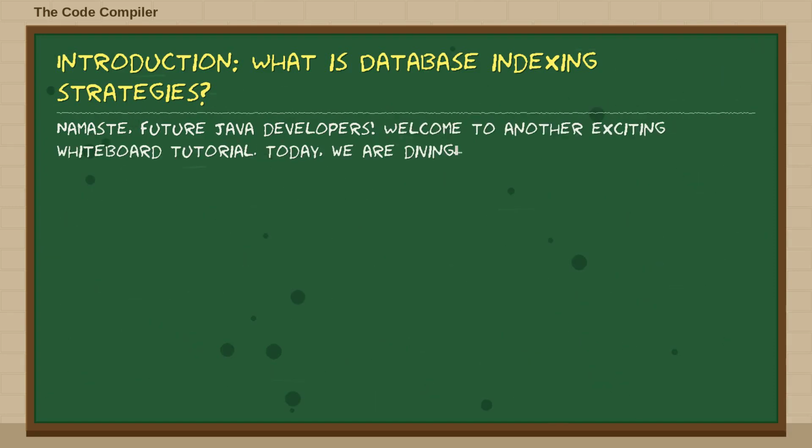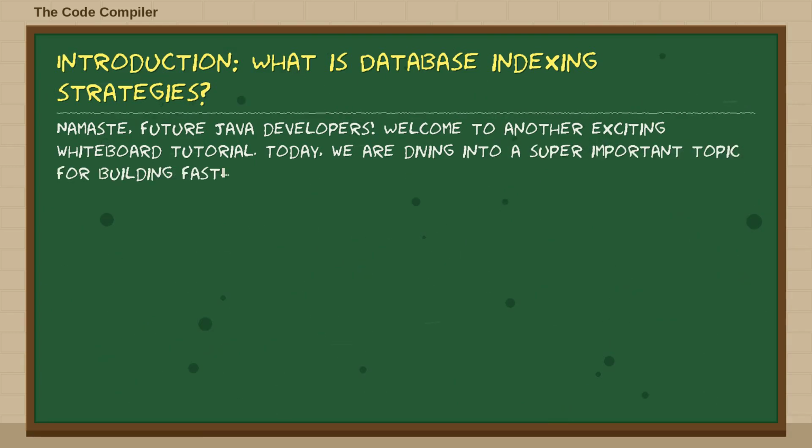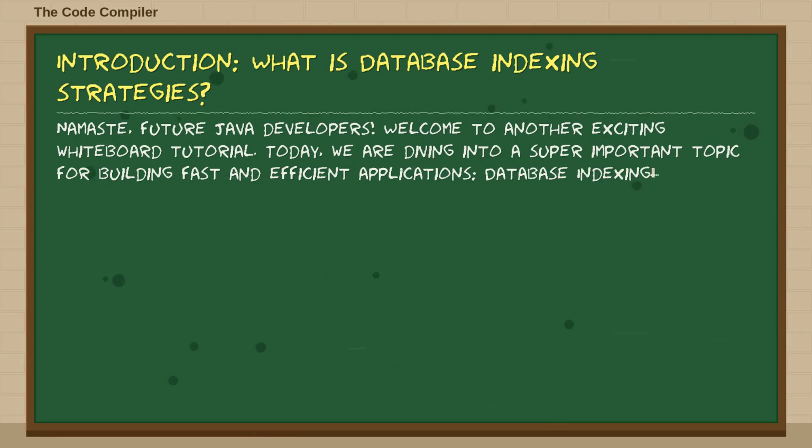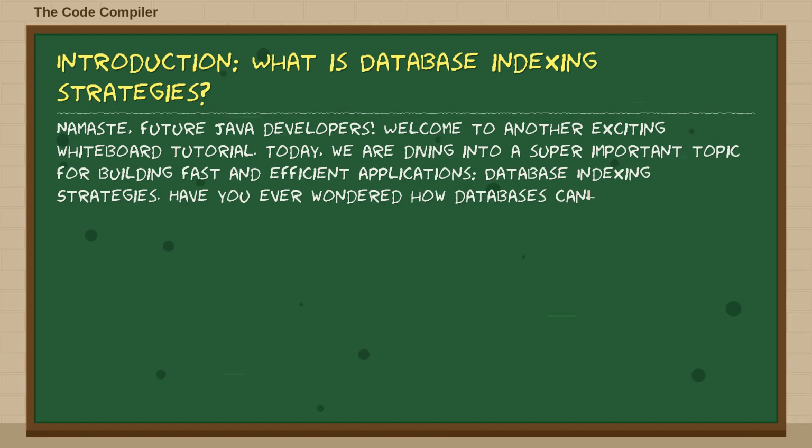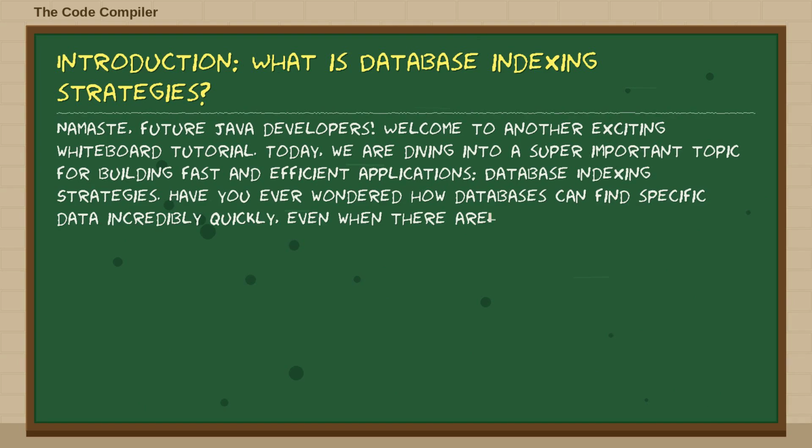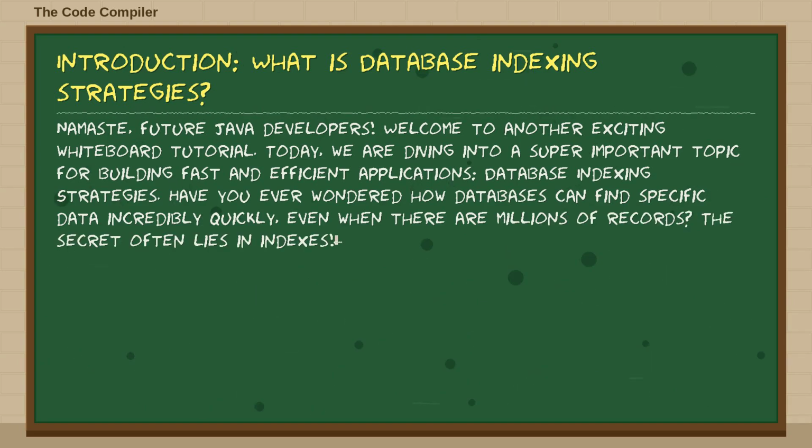Today, we are diving into a super important topic for building fast and efficient applications: database indexing strategies. Have you ever wondered how databases can find specific data incredibly quickly, even when there are millions of records? The secret often lies in indexes.